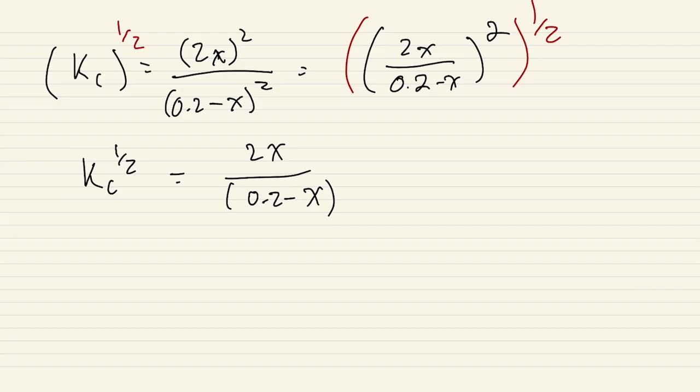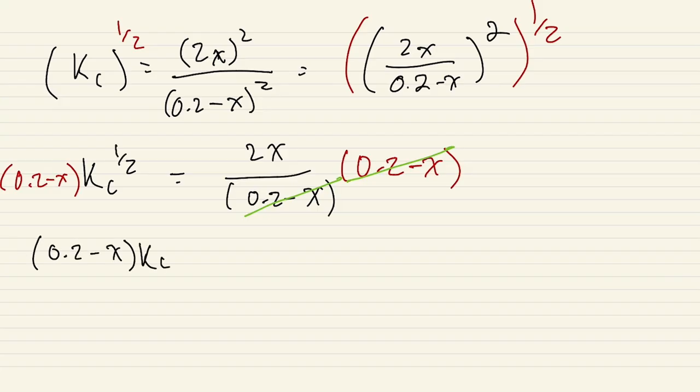Would it be multiplying both sides? Yep, we'd multiply both sides by what? 0.2 minus x, right? So we multiply that to both sides, cancels out on the right-hand side of this equation, so we get 0.2 minus x times Kc to the 1/2 equals 2x.